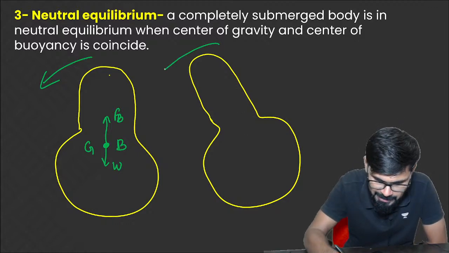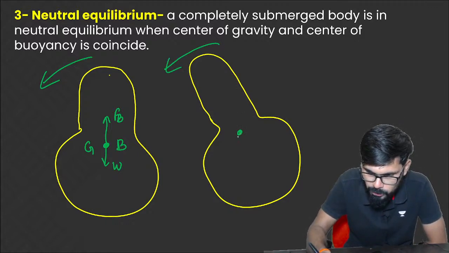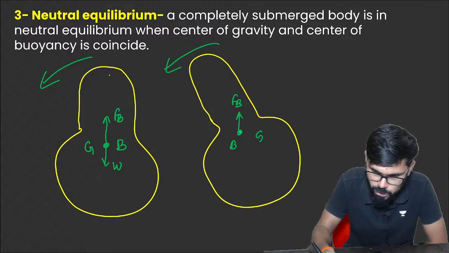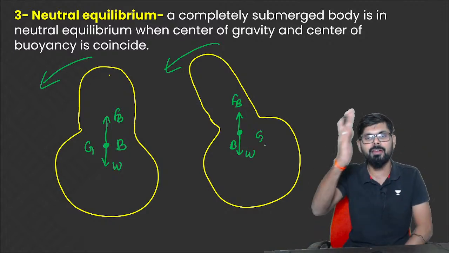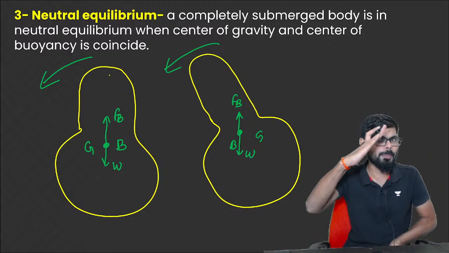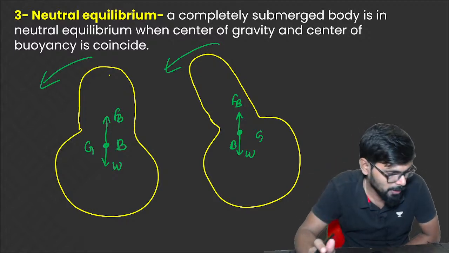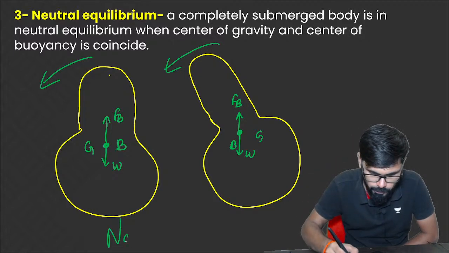It is tilted in this direction, but still both the points are the same only. B is also here, G is also there, FB is acting in this one. There is no couple formed. So wherever you leave it, it will stop at that particular point only. This is a neutral equilibrium.